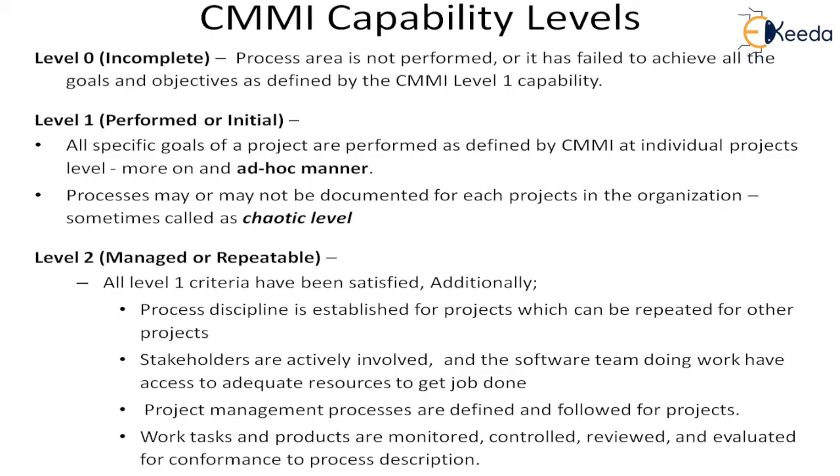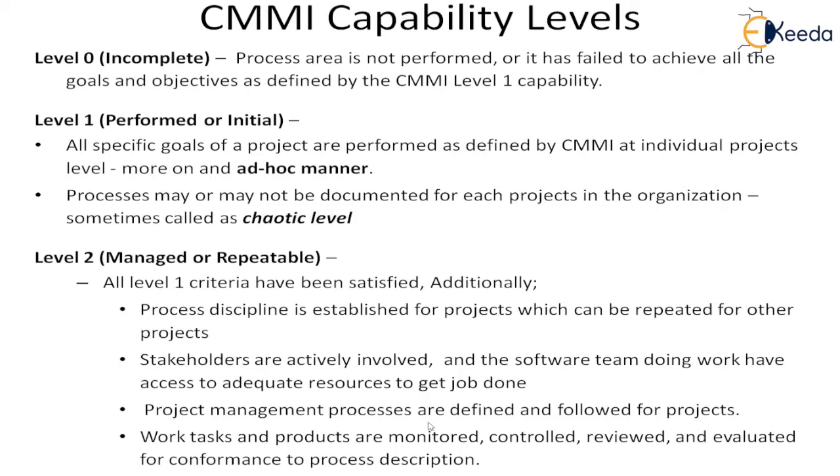And stakeholders are actively involved, and the software teams doing the work have access to adequate resources to get the job done. That means there is some commitment from the management to provide resources, and the stakeholders of the project, like the customer, the management and the team, all three are involved in the management of the project.